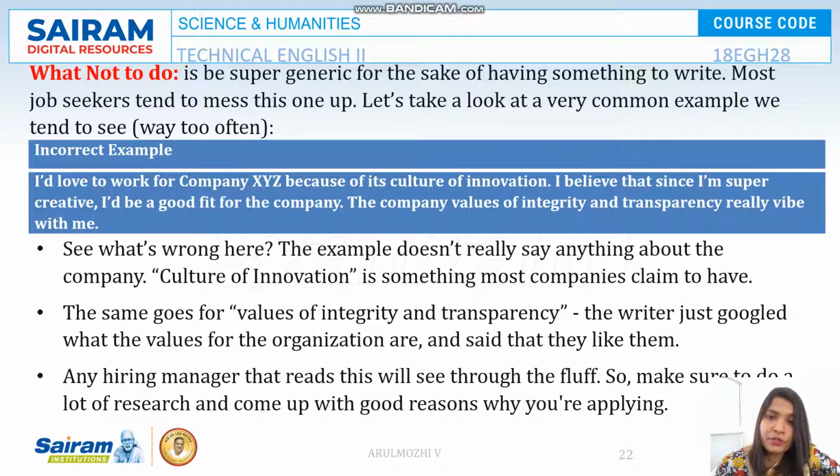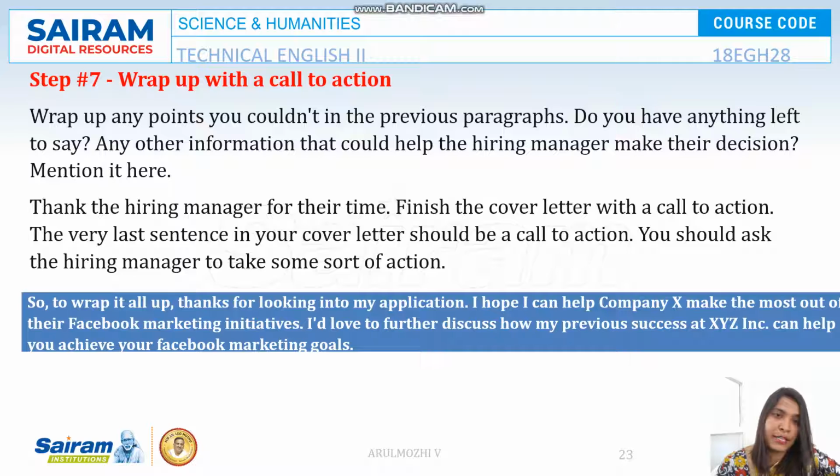The company values of integrity and transparency really vibe with me. As I told you, every company wants to be innovative, and integrity and transparency are common things, a part of the system in every company. So it's not the right explanation.